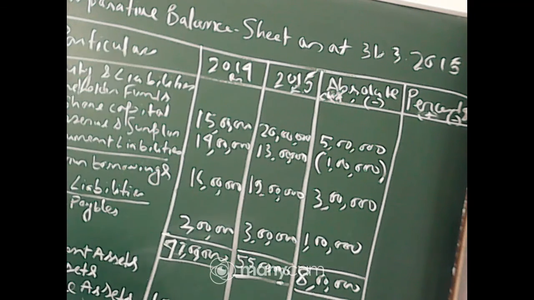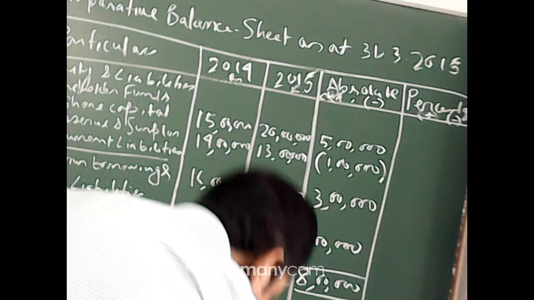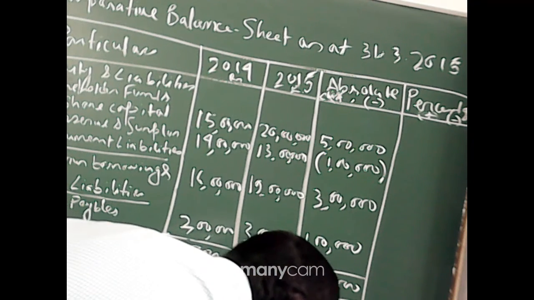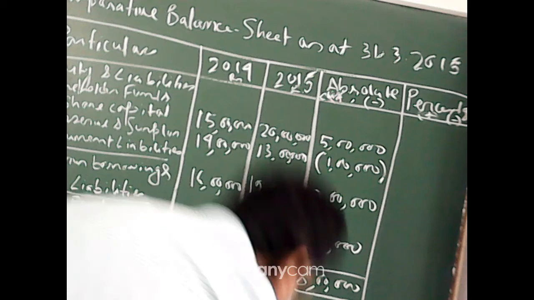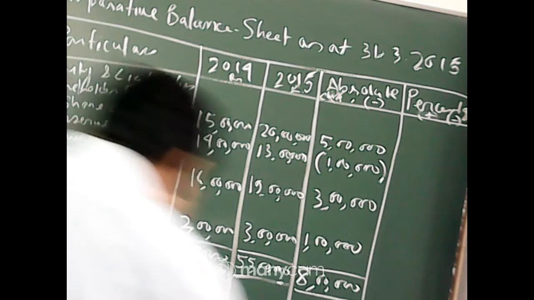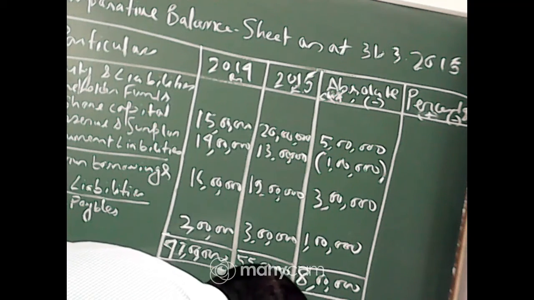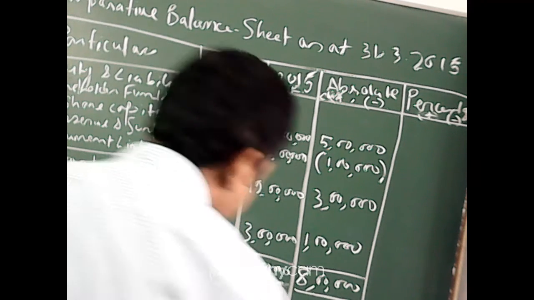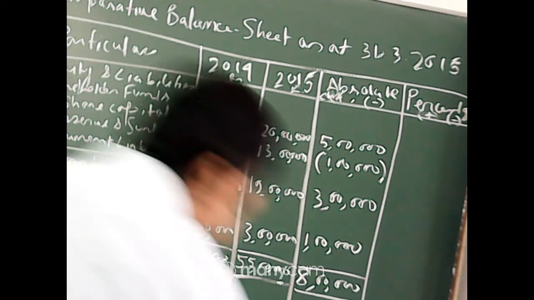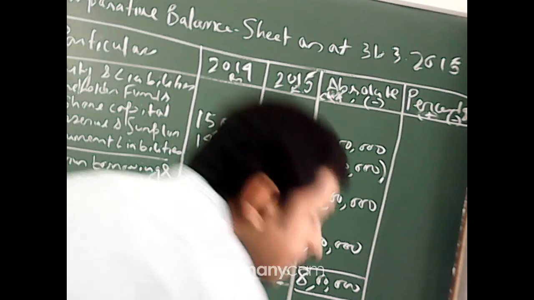And last year 2 lakh cash was there, this year 3 lakh, means 1 lakh cash increases. So this is very simple, and the total again comes to 8 lakh, because asset equals liability. That is also 8 lakh.